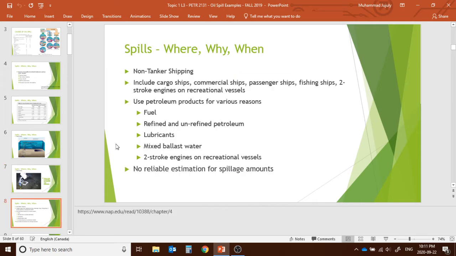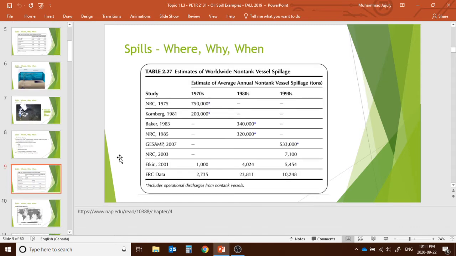Other spills, like non-tanker shipping, cargo ships carrying various petroleum products, but still we don't have any reliable estimation for the spillage. Now the estimated worldwide non-tanker vessel spillage.